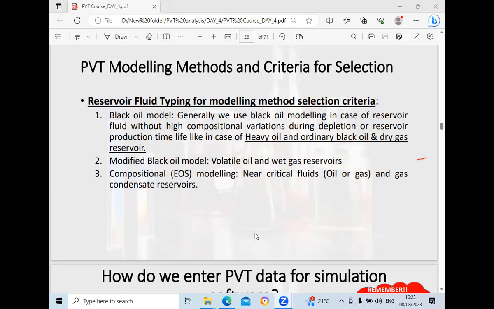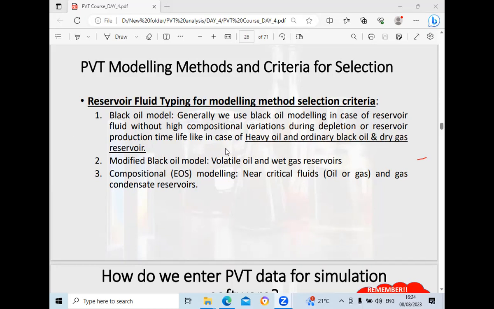We also have what we call rock typing, where we have the ability of a reservoir to be divided into discrete units that have different flow characteristics. So in this case, we say generally we use black oil modeling in case of reservoir fluid without high compositional variation during depletion, or reservoir production timeline, like a case of heavy oil and ordinary black oil and dry gas reservoir.